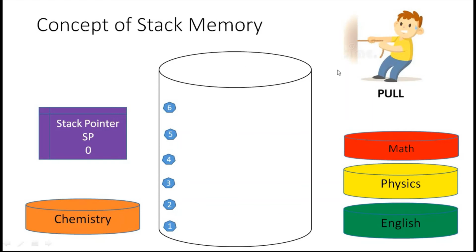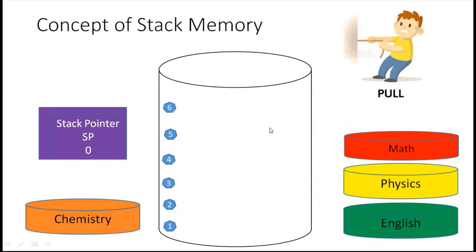So when you take out things from this stack memory, this operation is called a pull. So pull, or in more assembly terms, it is called a pop. The operation is pull, but the instruction for that is the pop instruction. Again the stack pointer SP is 0, which means your stack memory is empty. What you have to understand is, sequentially you put the things and sequentially you get them out.